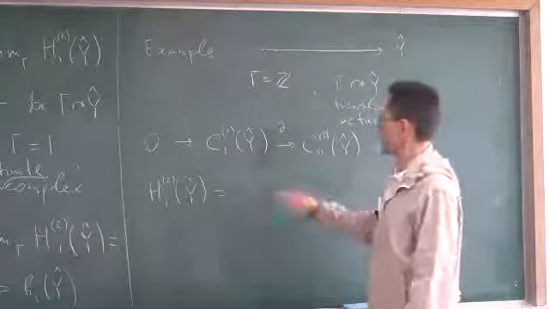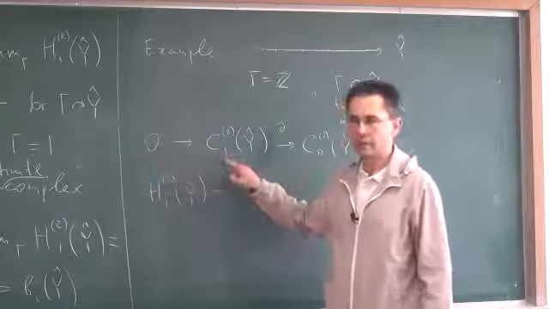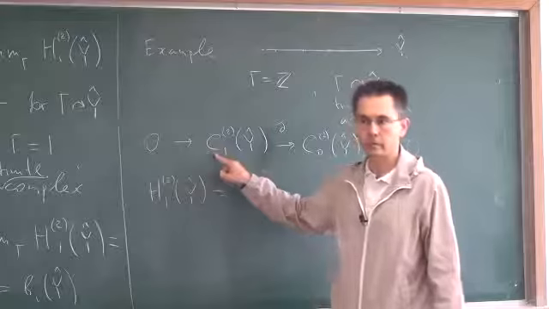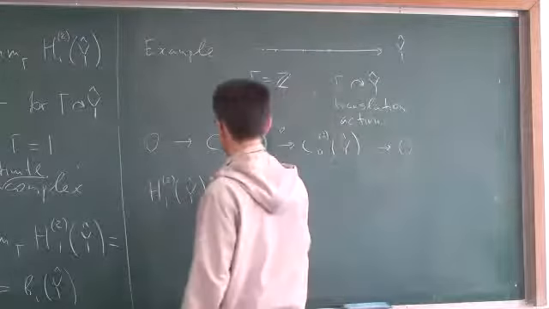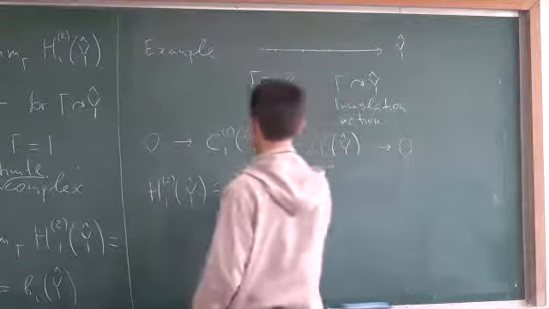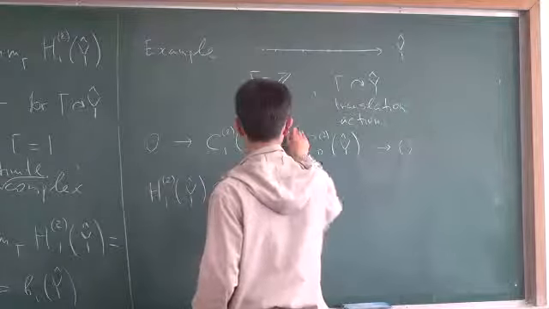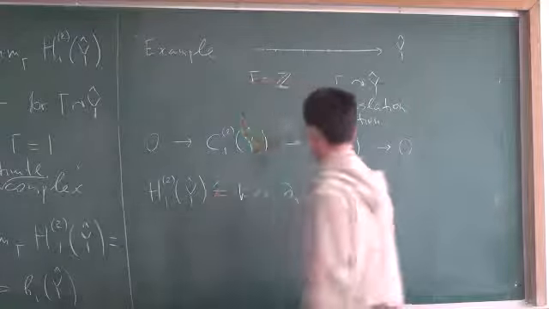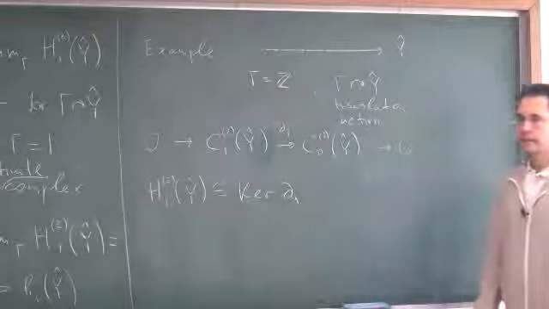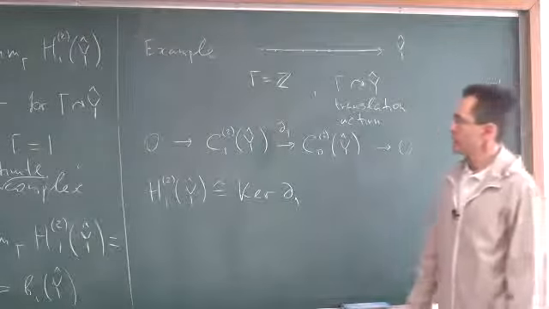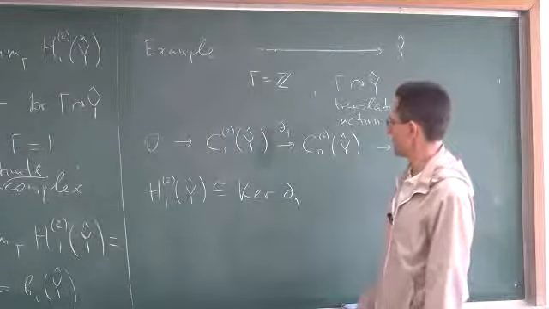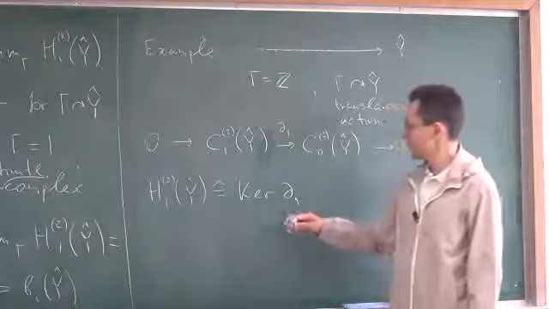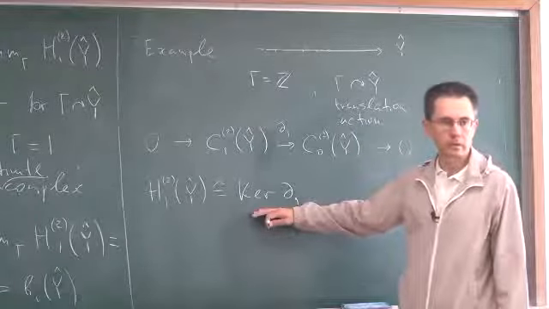It's the kernel of this map divided by the closure of the image of this map. But the image of the map from dimension 2 is 0. So the homology, the quotient, is the same thing as just the kernel of D_1. In order to find the first L2 Betti number, we need to find the dimension of this kernel.